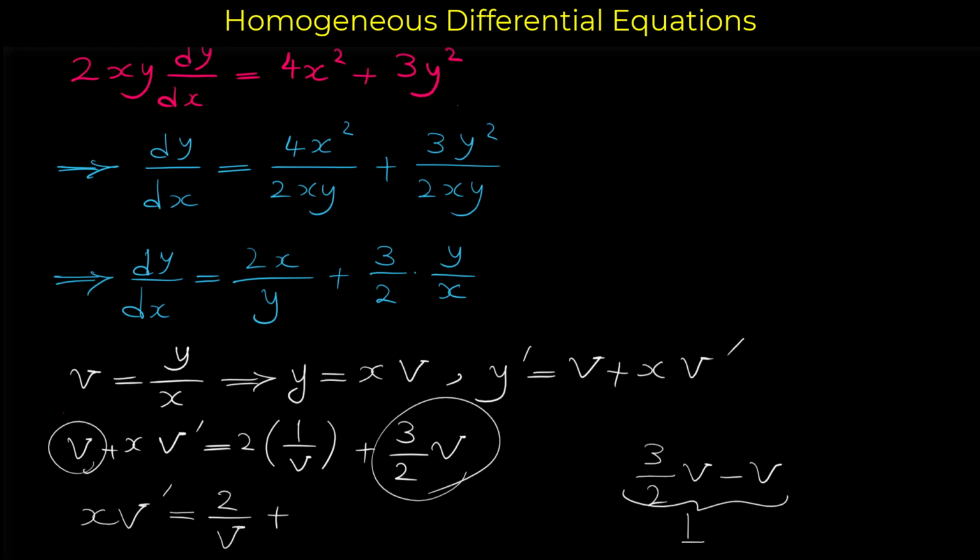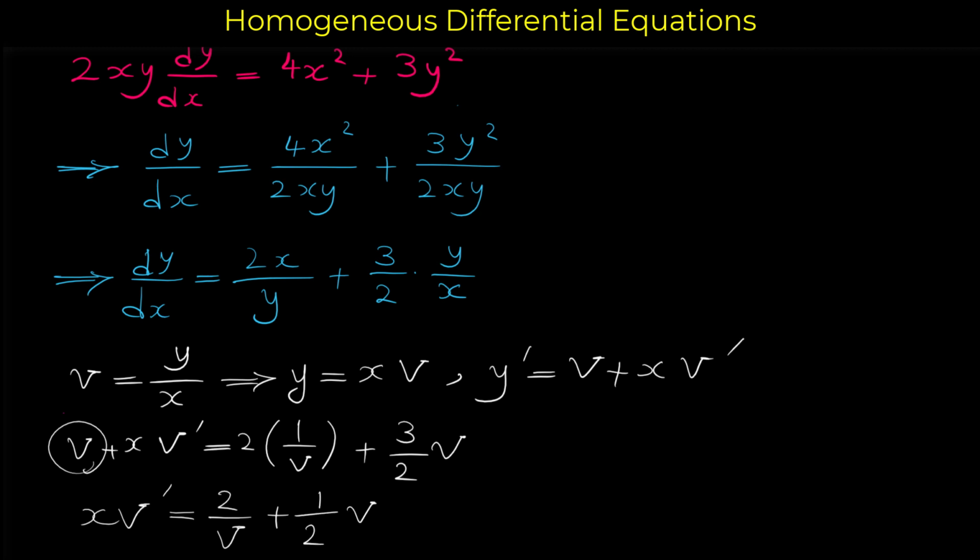This equals 1 over 2v, because this v is actually 2 over 2v. If you do a common denominator, 3 minus 2 is 1 over 2. So 3 over 2v minus v equals 1 over 2v.